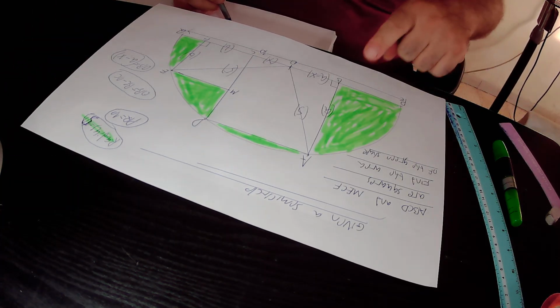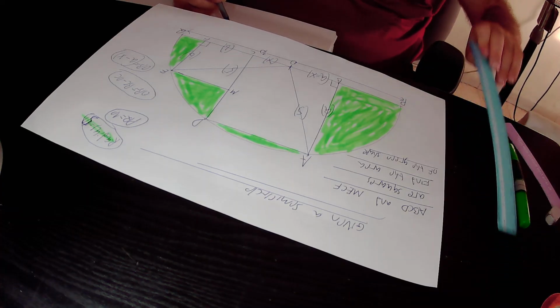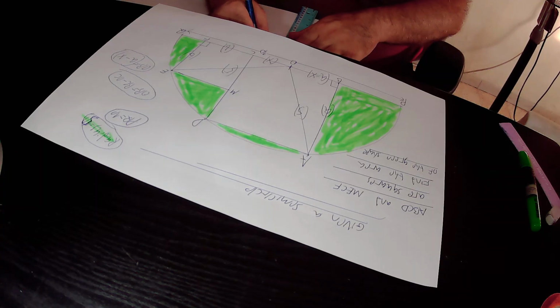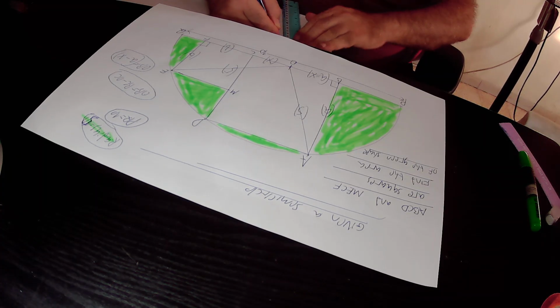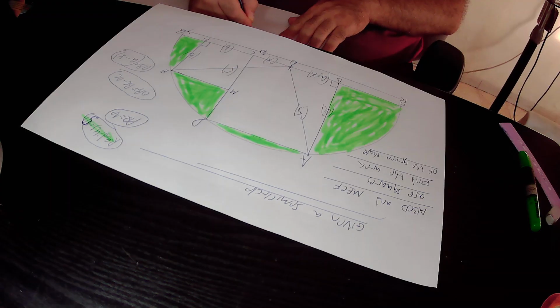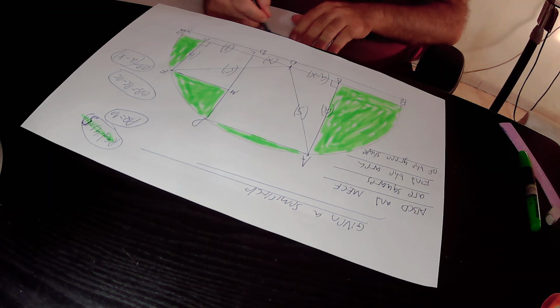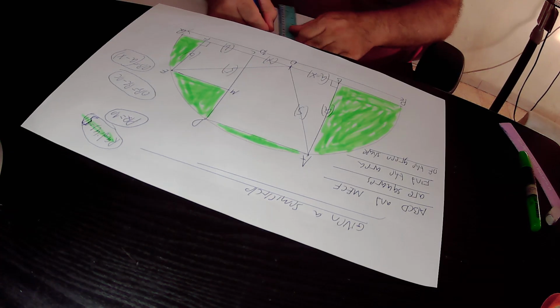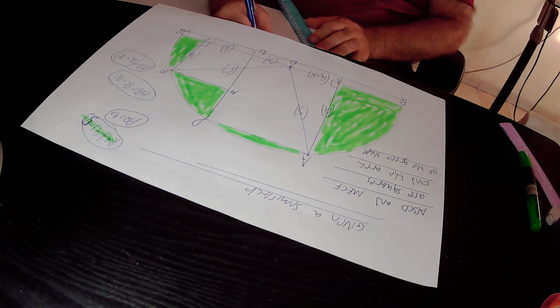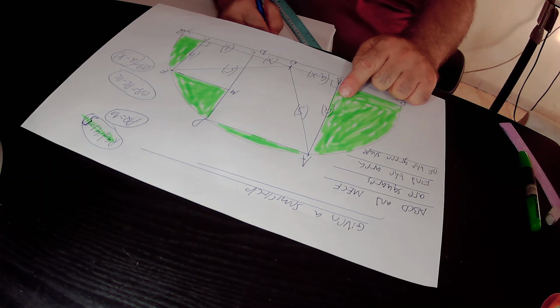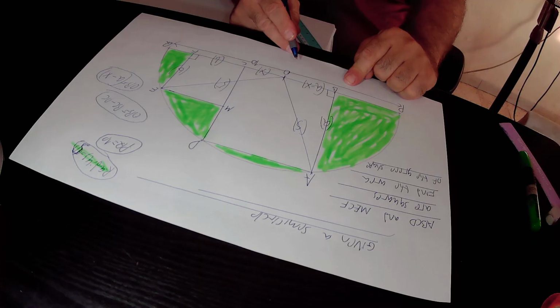So, in the right triangle ABO, the hypotenuse AO equals 5 units in length, side AB equals A units in length, and side BO equals A minus X units in length.